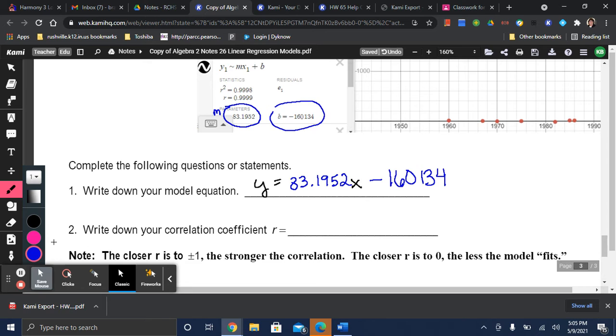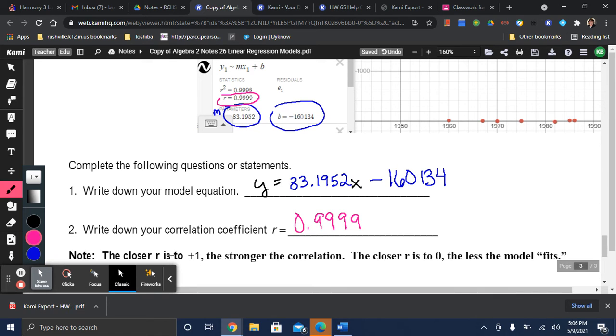All right, the next thing that it asks you to find is your correlation coefficient, and this is R that is in your list of information. So right here is R, so it equals 0.9999. And if you think about that as a percent, that is 99.99% accurate.